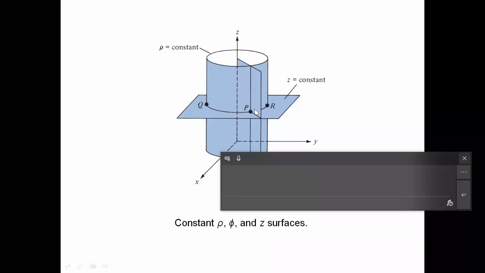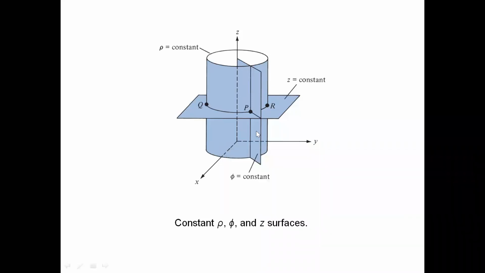Where phi is constant, it is the plane of rho and z; where z is constant, it is the plane of rho and phi; and where rho is constant, it is the plane of phi and z. A plane belongs to two coordinates. Two coordinates will be variable, and if two coordinates are variable, one coordinate will be constant by default.